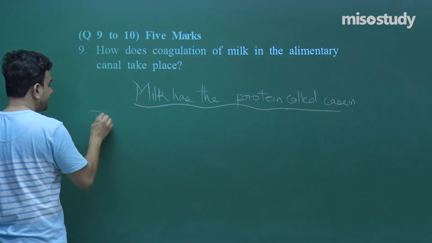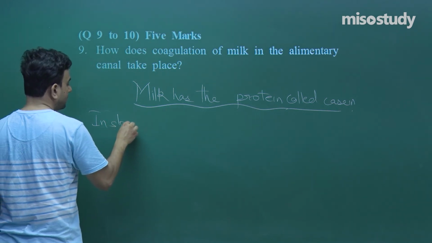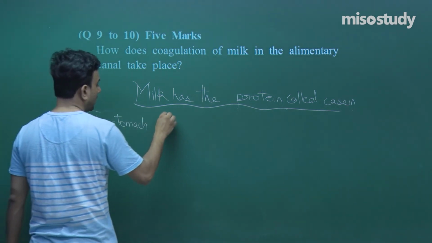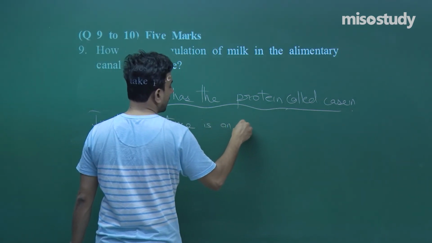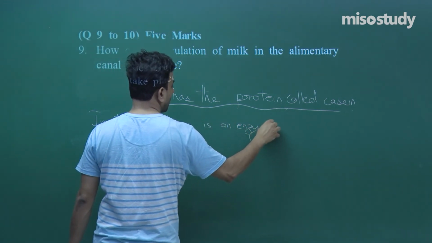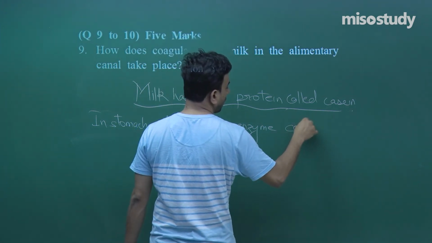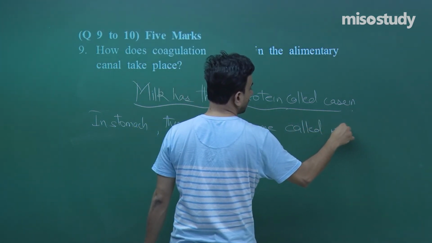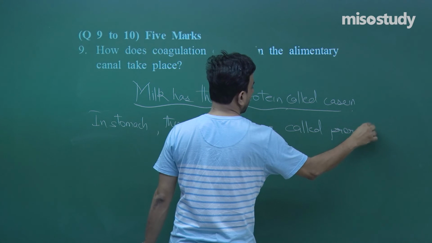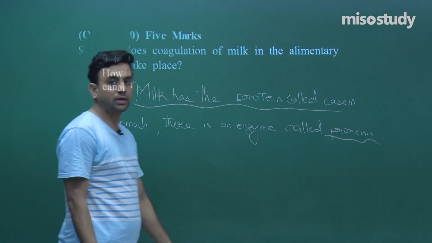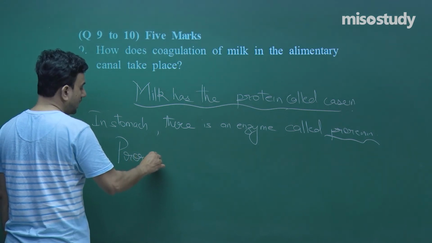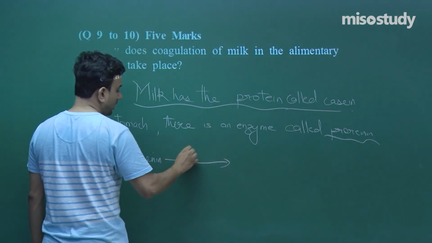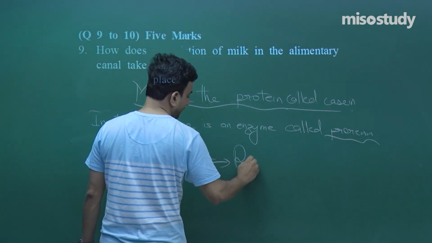Now in the stomach there is an enzyme called prorenin. This prorenin in the presence of HCl will become renin.